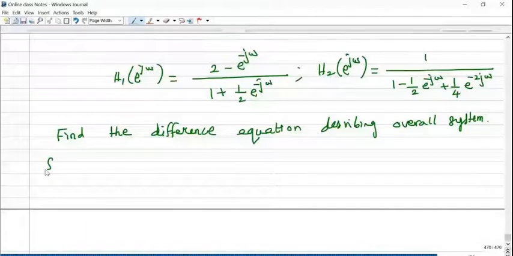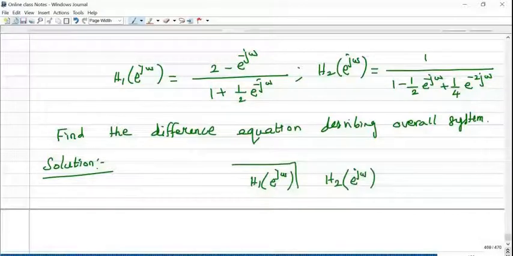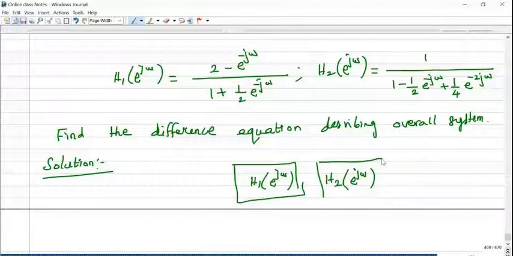There are two LTI systems. The first LTI system has transfer function H1 of e power j omega, and the second has H2 of e power j omega. Both are connected in cascade, like this.